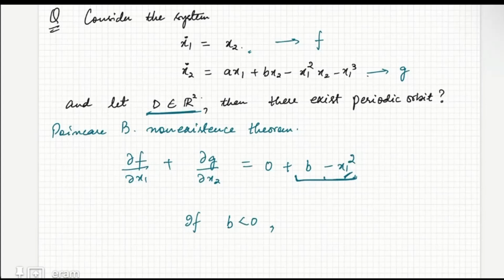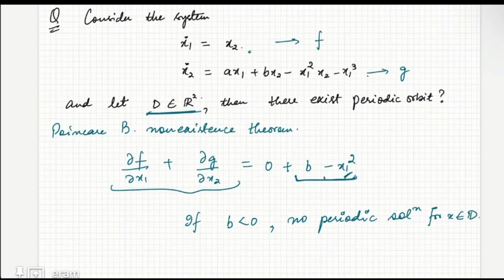It will be always negative, means there will be no sign change throughout the domain D. And if there is no sign change throughout the domain D, then there will be no periodic solution in D. No periodic solution for x belonging to D that we have considered. Okay.